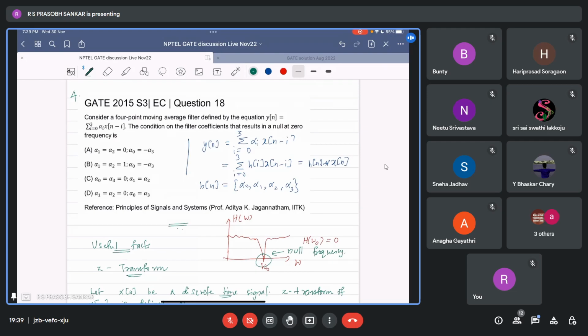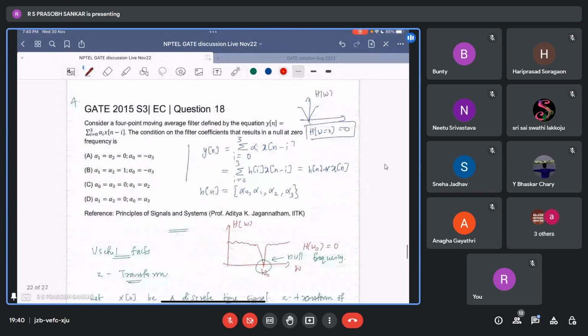In this question, what is given is that we need to find the condition on these alphas so that we have a null at zero frequency. It's kind of confusing, this null, zero, everything. So the thing is simple. We have a function H of omega which is 0 at omega equal to 0. That's it.